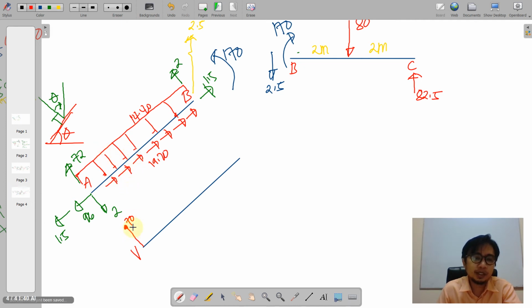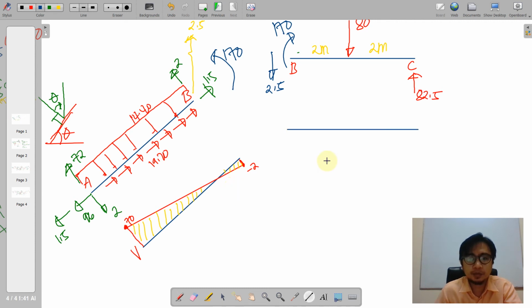So 70 minus 72 is negative 2, and it shall be connected by a straight line. These two here shall close this shear diagram. A closed shear diagram is an indication that we are doing it right.